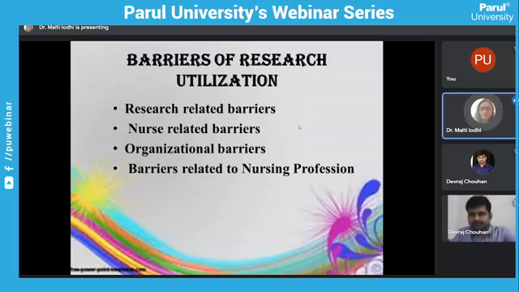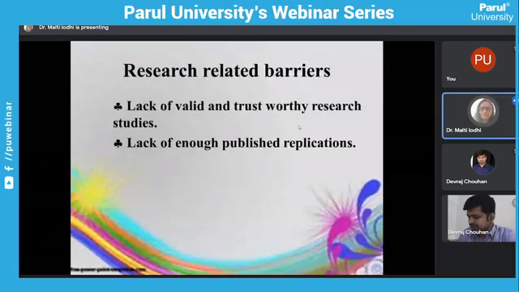The main thing is that organizational policies are there which do not allow us to utilize our findings to carry out the work in a proper manner. Sometimes it happens. Now, research related barriers: the lack of valid and trustworthy research studies, lack of enough published replications.